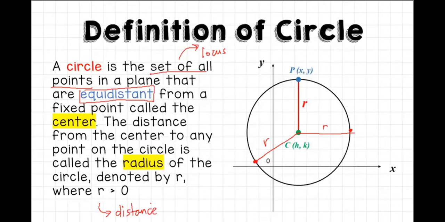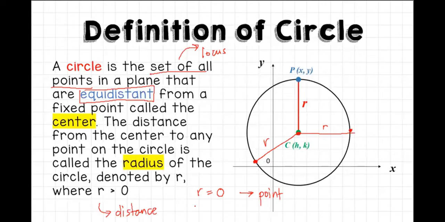Saan ka nakakita ng 0 na distance. Okay? Kapag ang R mo ay naging 0, meaning to say, you do not have a distance. Hindi gumalaw. Kung ano yung center, yun din ang point. Kung ano ang point, yun din ang center. Then, hindi na po yan circle. Magkakaroon ka na po ng tinatawag nating point.